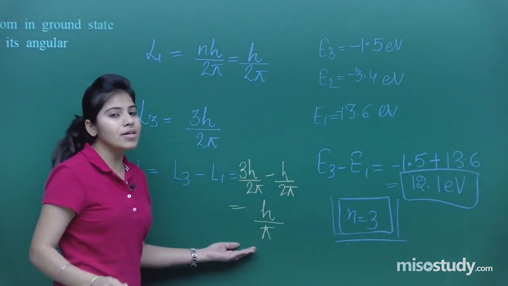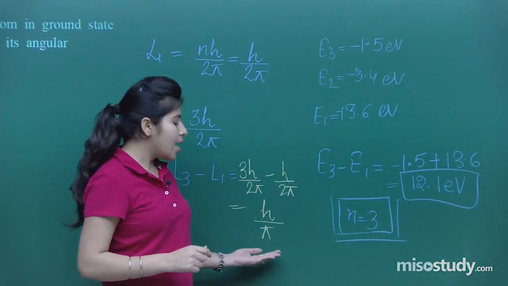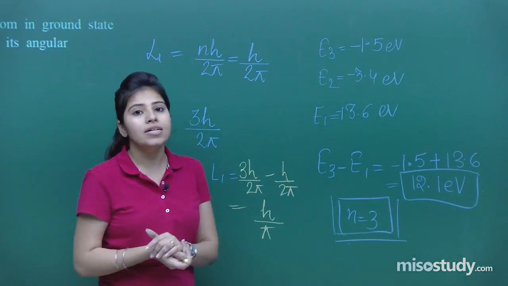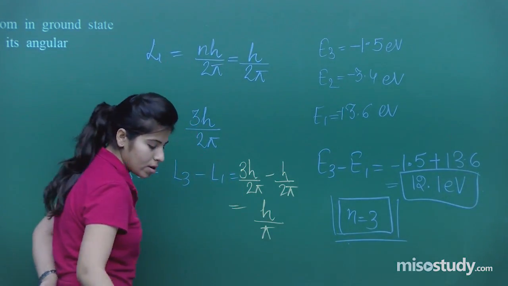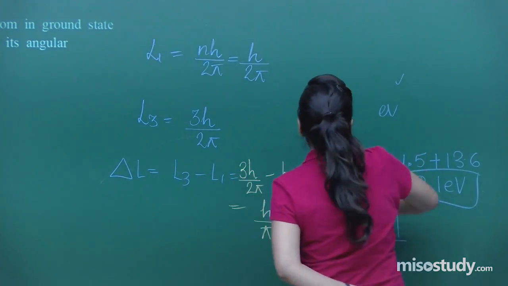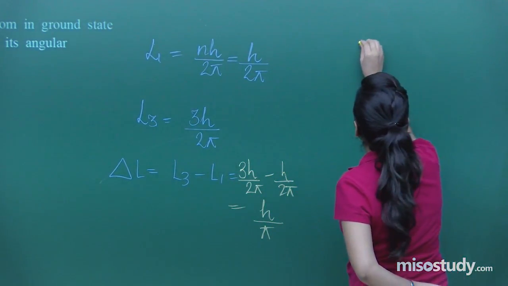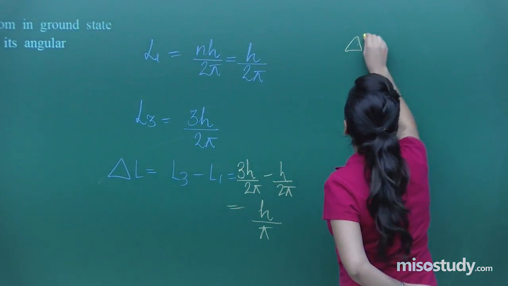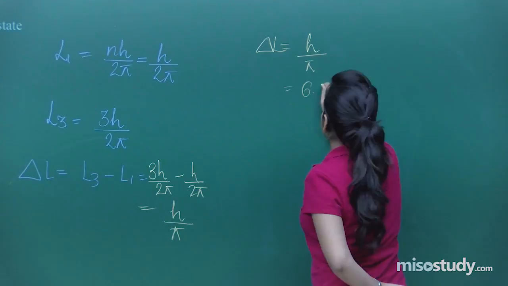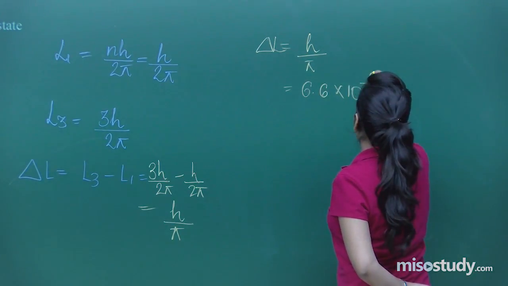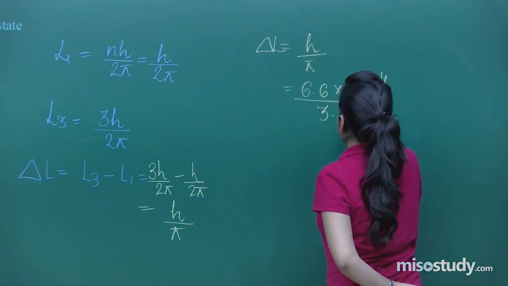We know the value of h is 6.6 into 10 raised to the power minus 34, and pi is approximately 3.16. Let me write it over here. Your delta L is h upon pi, so 6.6 into 10 raised to the power minus 34 divided by 3.16.